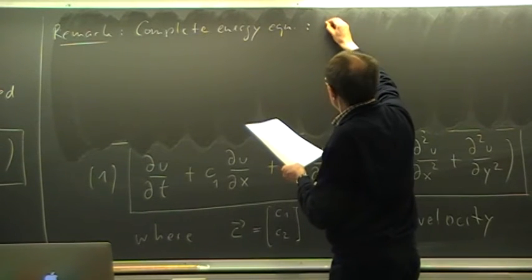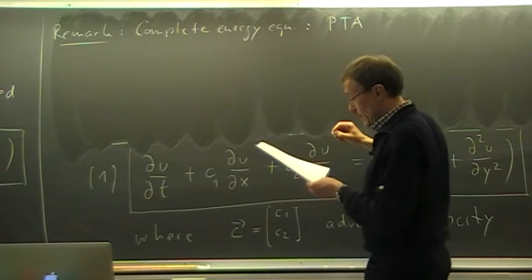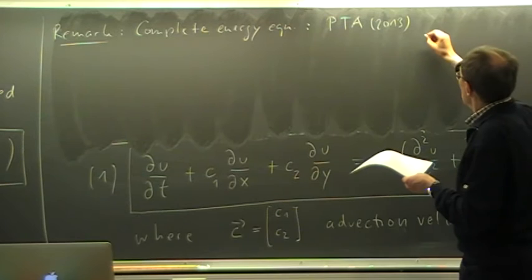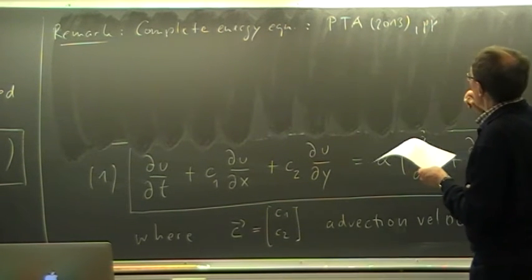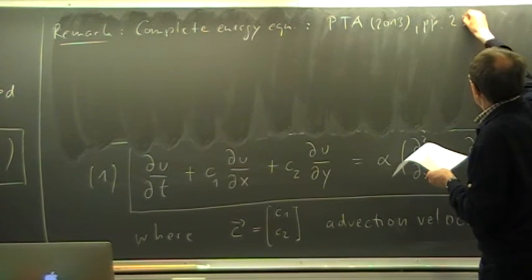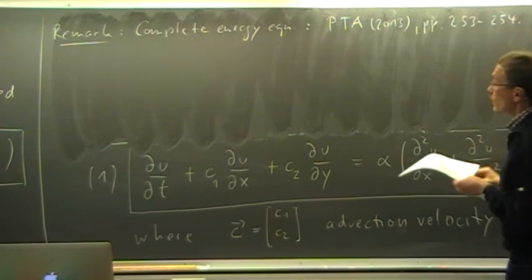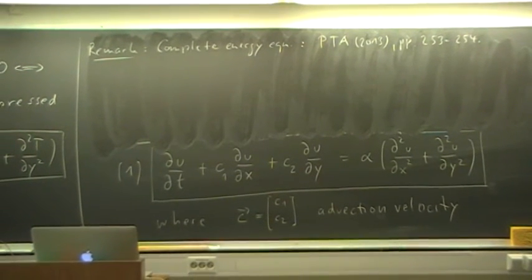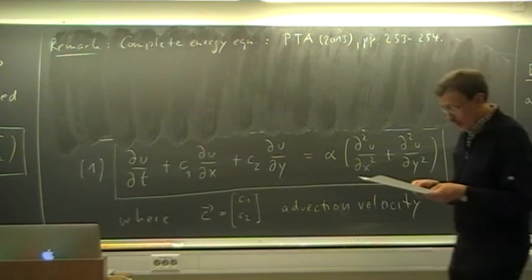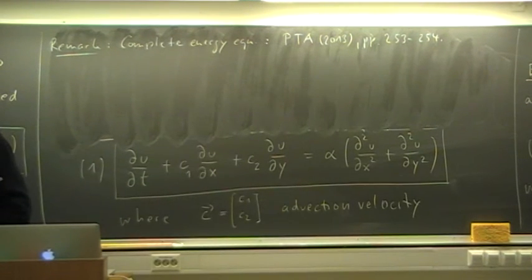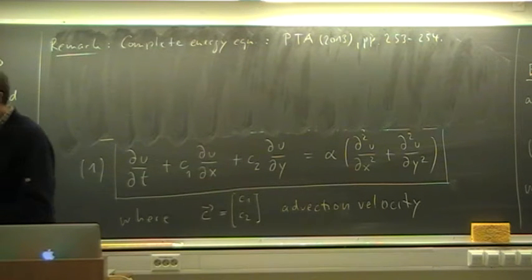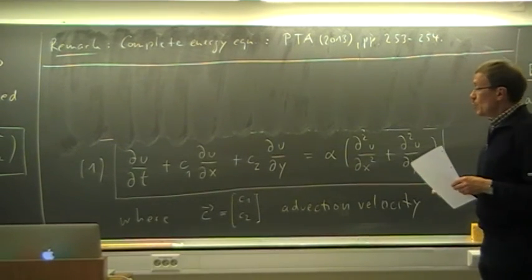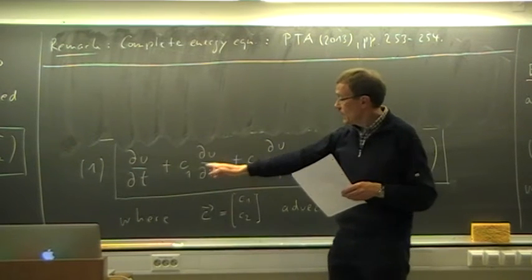We can look in the textbook, which is the Pletcher, Tannehill, Anderson. That is the edition 2013. You will find also that in the second edition and in the first edition, but I refer to the third edition here. That is pages 253, 254. You see also that derivation from the energy equation for compressible flow. Okay, so then we have this example. And in this example, we have in fact assumed that our advection velocity is not constant.